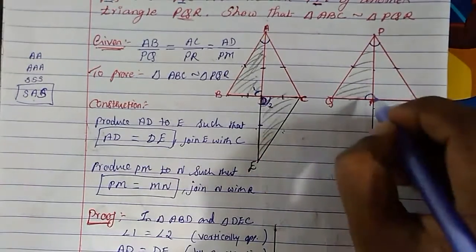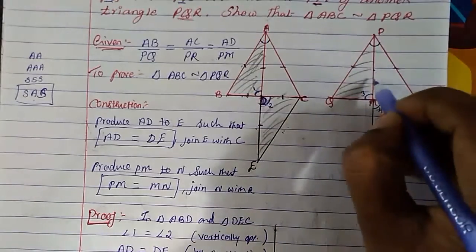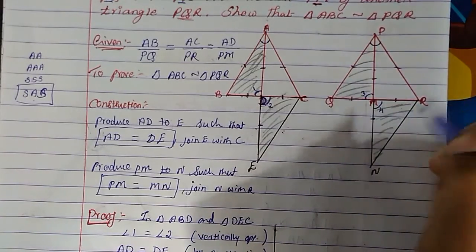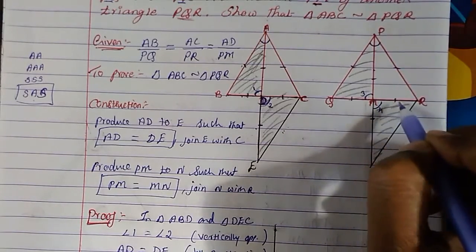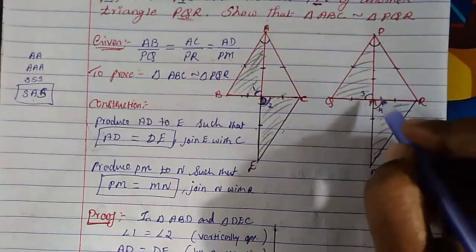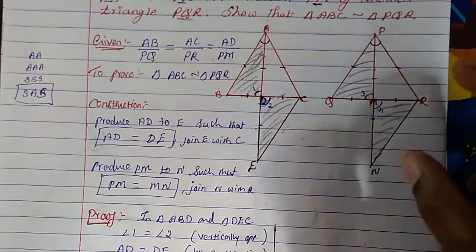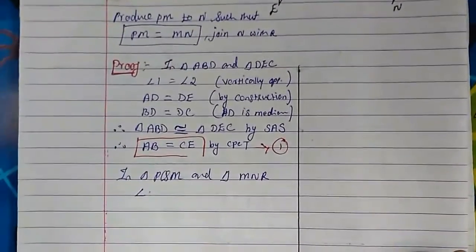So if this is 1 and 2, let us keep this 3 and 4. And this side will be the same as this side, and these two sides will be equal to this side. Okay. So same, side, angle, side. So same reason we give, and so both the triangles are congruent. If both are congruent, PQ will be equal to NR. So that's what we are going to write down here.